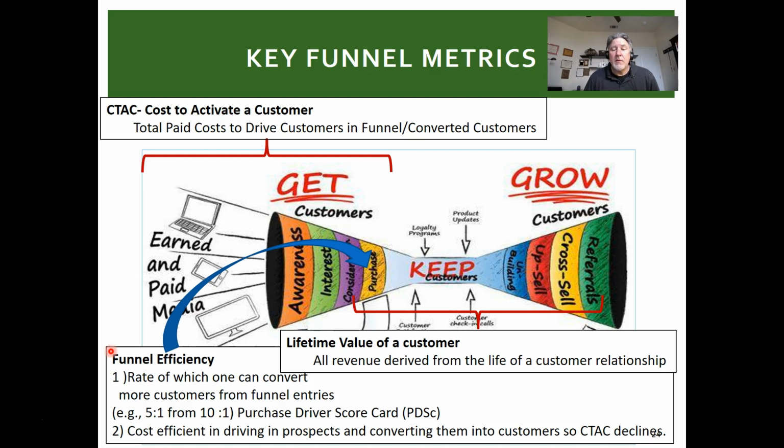And ultimately, if you're doing that right, you improve the efficiency. Your cost to activate a customer will go down, which is what we look for in business and what investors look for as well. And then you get into what we call the lifetime value of a customer, because as we know from brief 4, the customer that you keep is the cheapest customer you have.